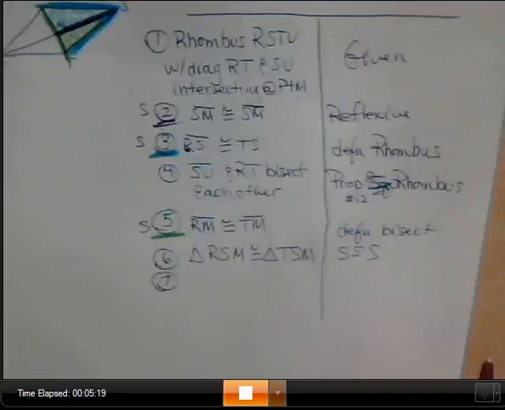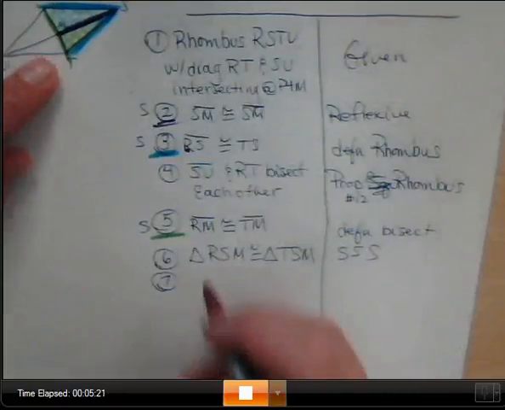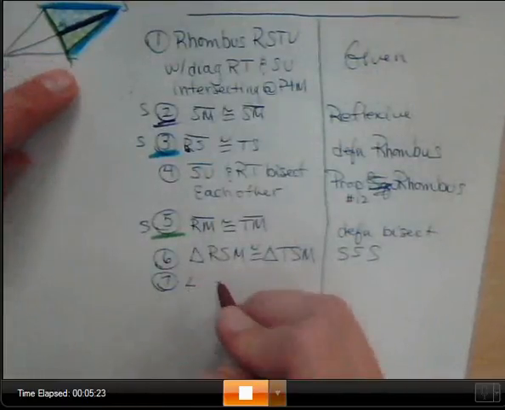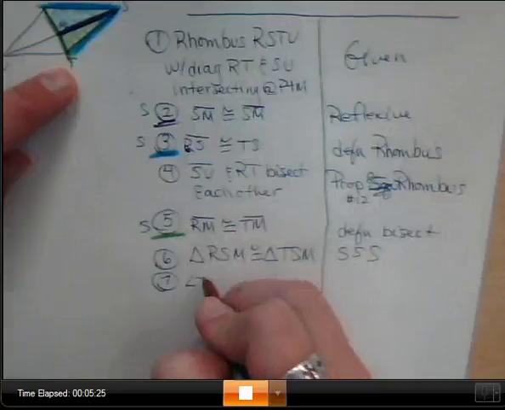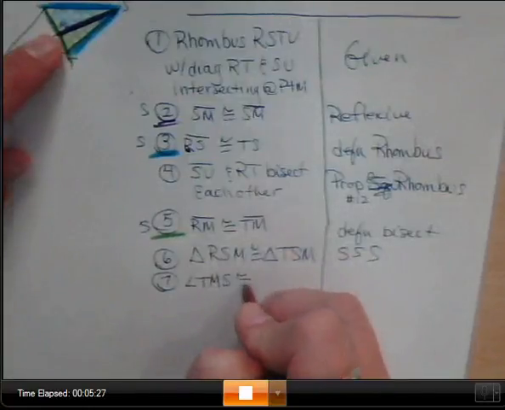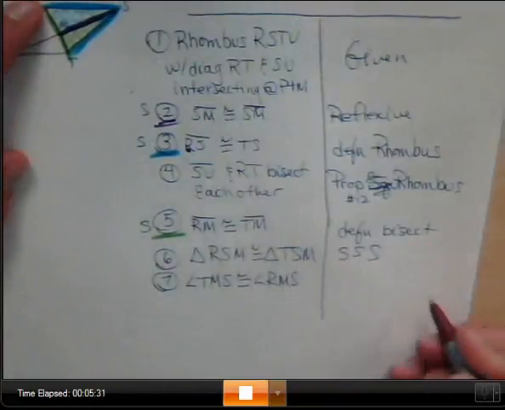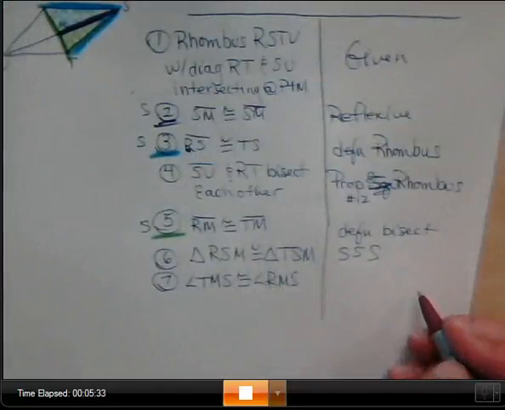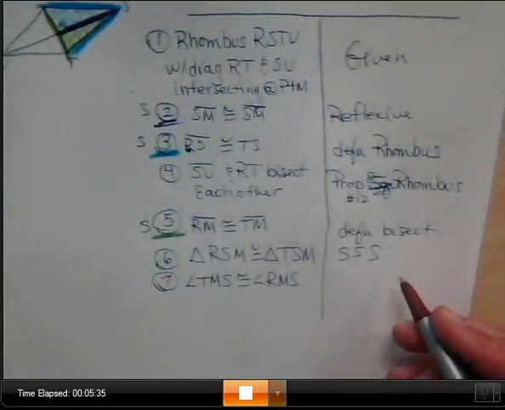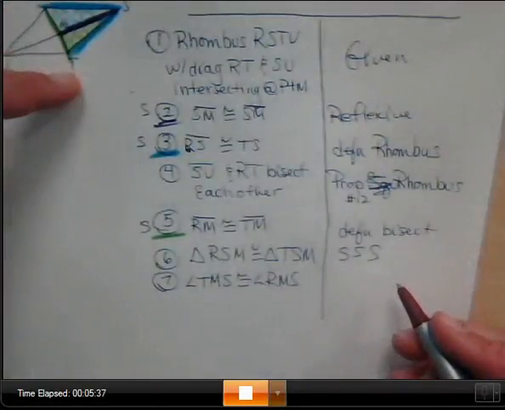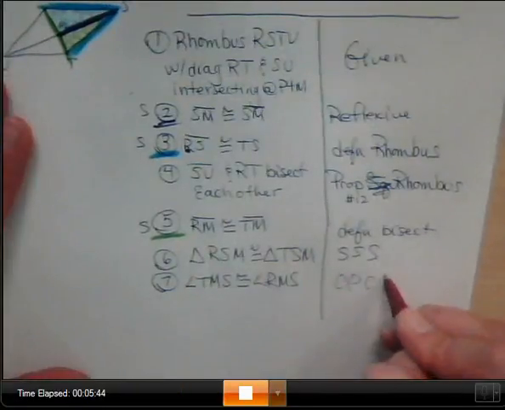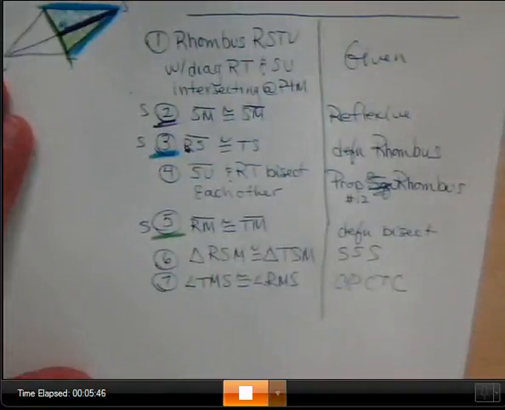So what do we want to use? Angle TMS is congruent to who? Angle RMS. Reason? Well, triangles are the same. What do you know about the angles? Same because of CPCTC.